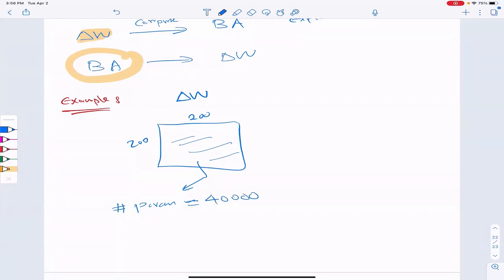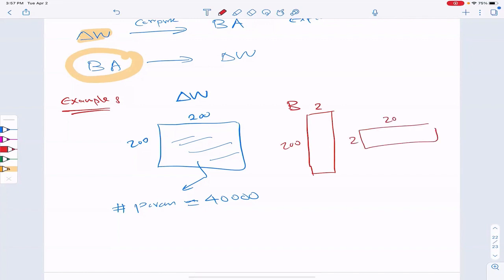But instead of updating these parameters individually, what LoRA does is construct two matrices, B and A. Let's say B is 200 by 2 and A is 2 by 200. So the overall matrix product is going to be again 200 by 200.